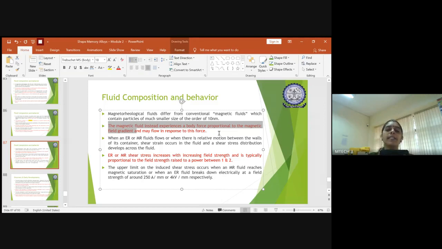I told you that particles will be more dominant than the fluid with respect to the yield stress and the yield strength. Due to this effect, the applied magnetic field makes the body force proportional to the magnetic force easily, and it responds much more quickly than magnetorheological fluid, because particles of nano size can respond and provide the effect quickly and use the total magnetic field applied to make the fluid magnetic.